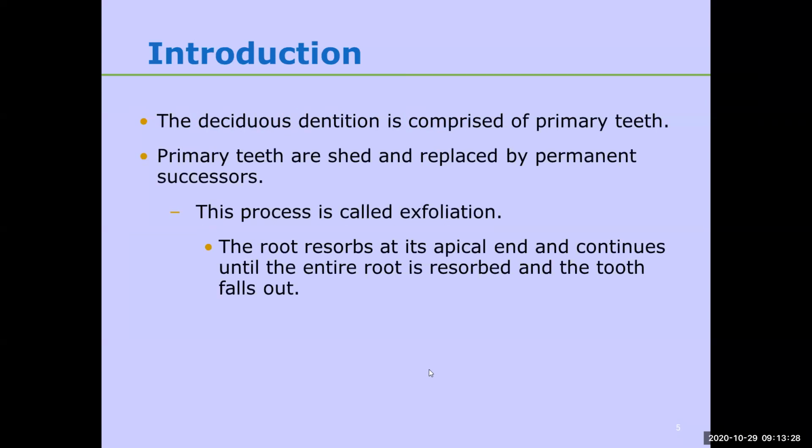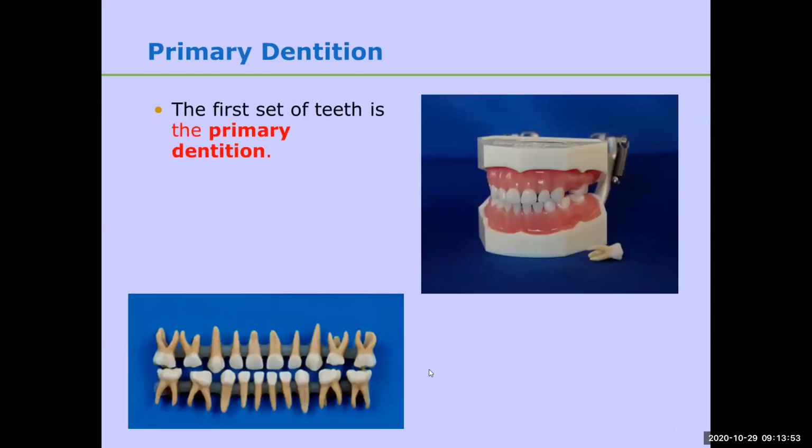And that happens with the root resorbing at its apical end, and it continues to resorb until the entire root is resorbed or dissolved, and then the tooth falls out because there's nothing holding it in. So those of you that know what baby teeth look like, the deciduous teeth, when they fall out of the mouth, there's no root there because they have been resorbed.